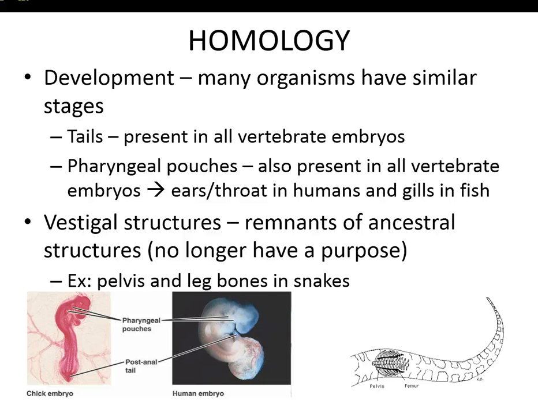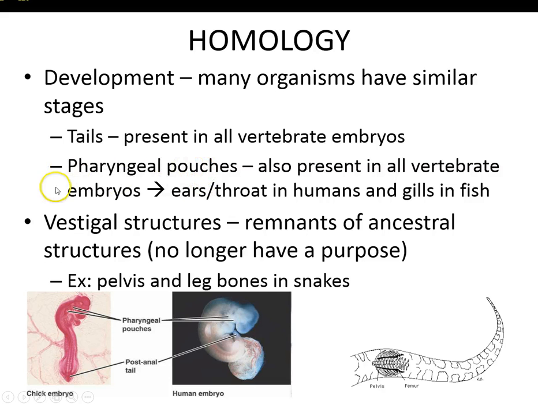Okay, we also see developmental homology, where many organisms have similar stages of development. So again, we're looking at things that are the same. If we look at all vertebrate embryos, at some point in development, all vertebrate embryos have a tail, but over the course of that development, we lose that tail in many species.